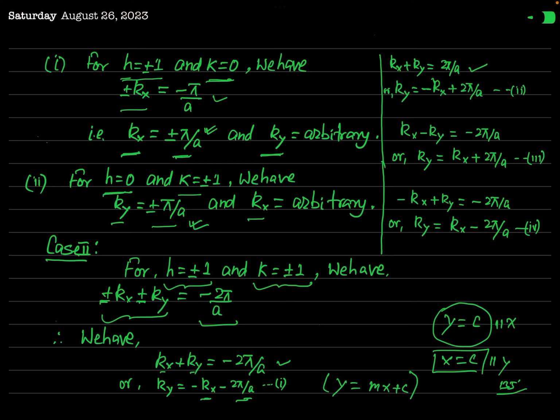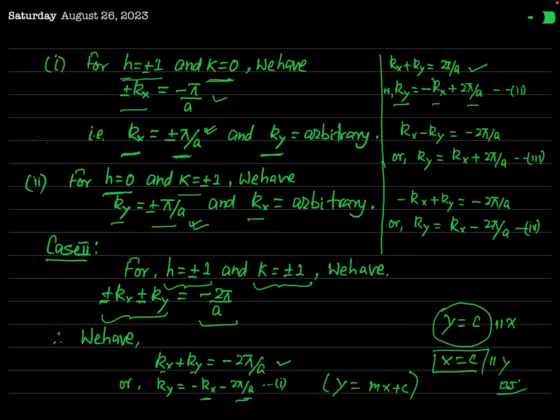And hence you can say that kappa y is equal to minus kappa x plus 2 pi by a. You can see this also represents a straight line having the same slope minus 1, but the intercept on the kappa y axis, 2 pi by a, is positive for this straight line. Okay.